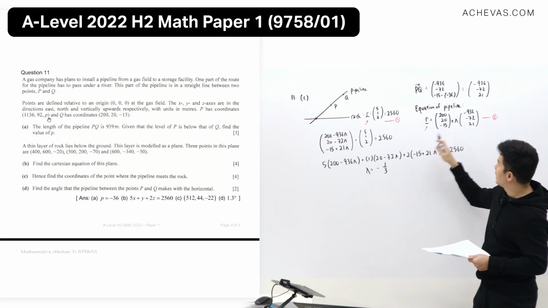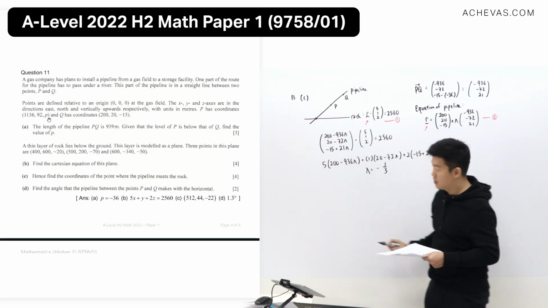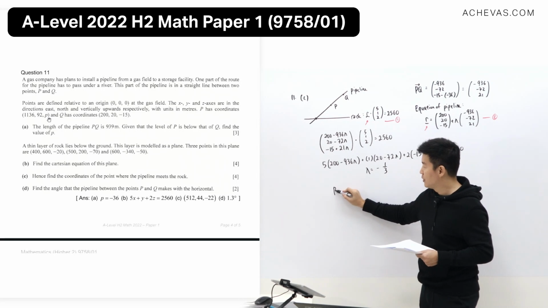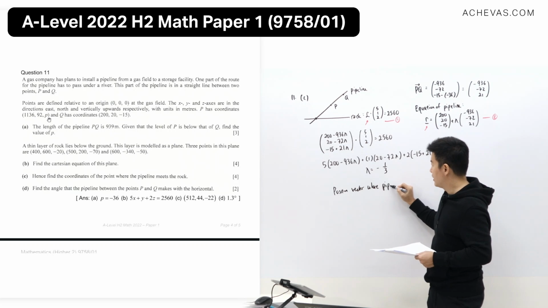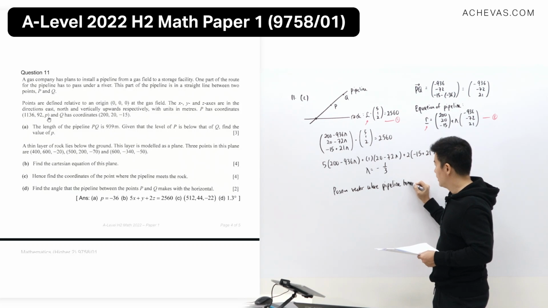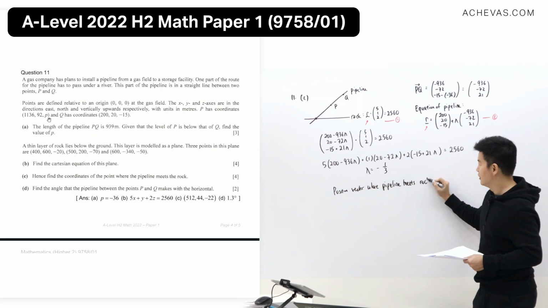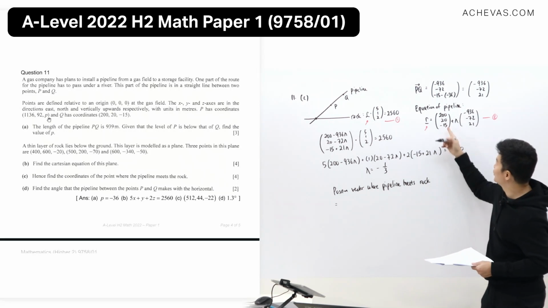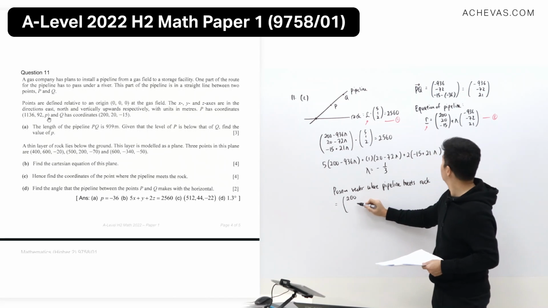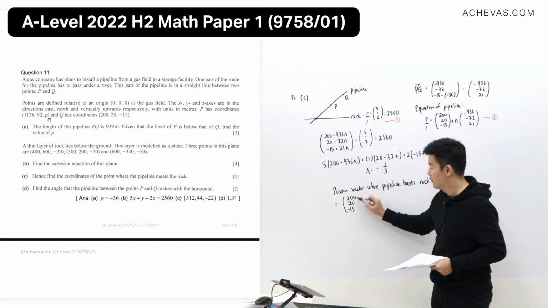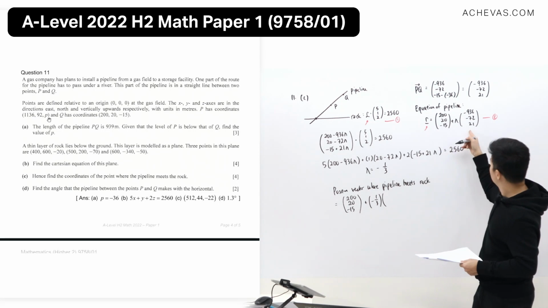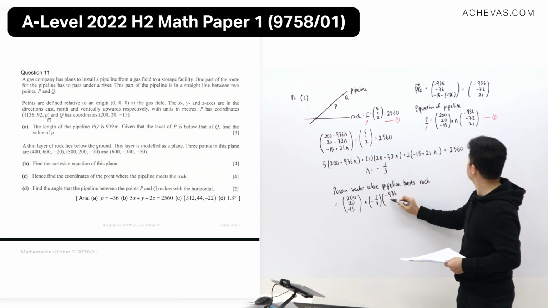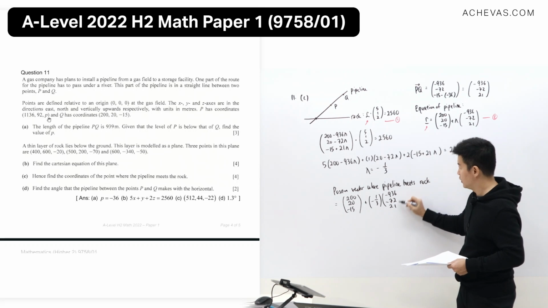I'm going to substitute this lambda back into here to find the position vector of that point. So the position vector where the pipeline meets the rock is going to be equal to (200, 20, -15) plus negative 1/3 of (-936, -72, 21).